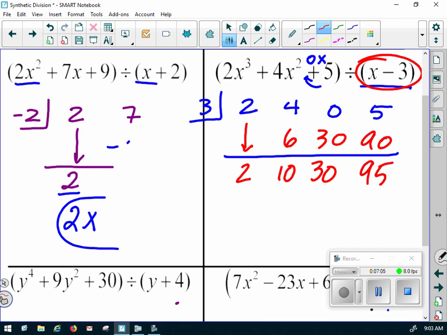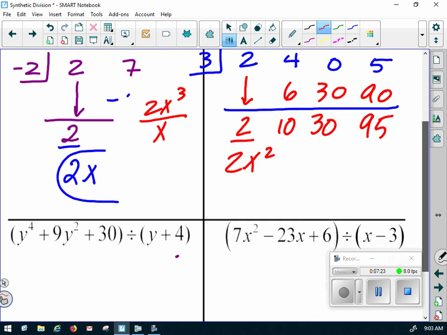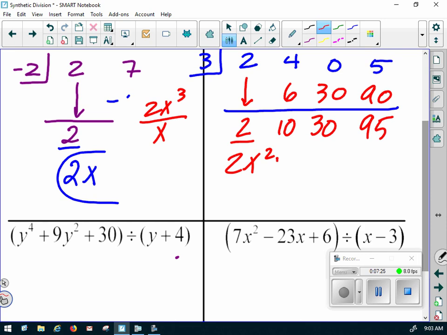What does that mean? This was 2x cubed divided by x. What's 2x cubed divided by x? 2x squared. So this is the coefficient of x squared. So 2x squared plus 10x plus 30.